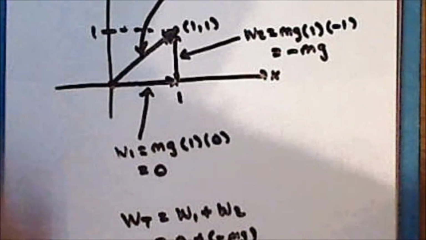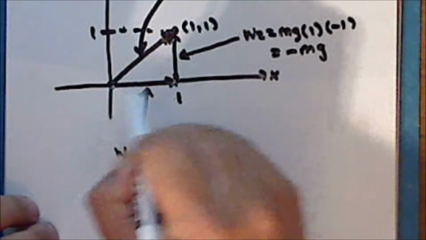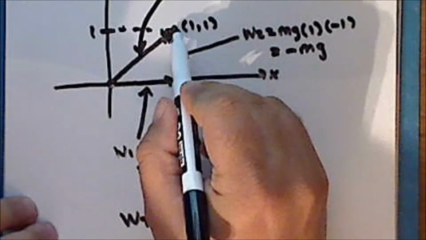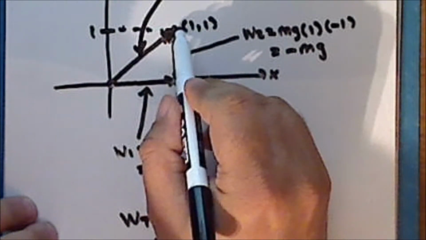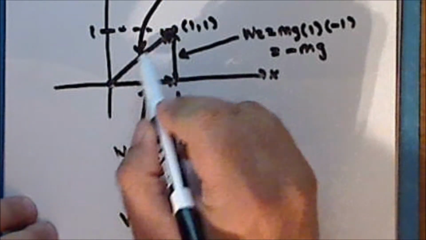Now consider the closed path along the triangle from the origin to the point 1, 0, followed by vertical motion to the point 1, 1, followed by motion along the line y equals x back to the origin.